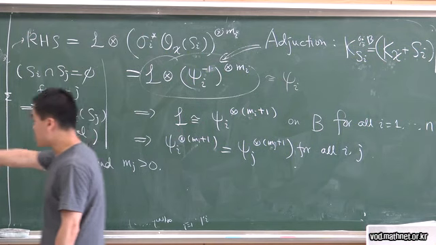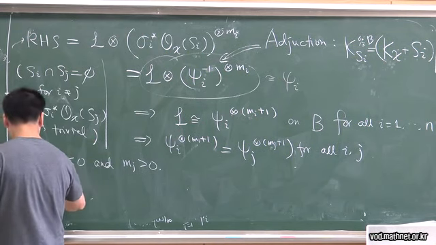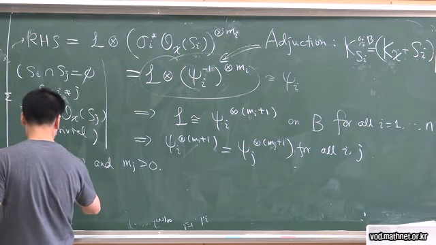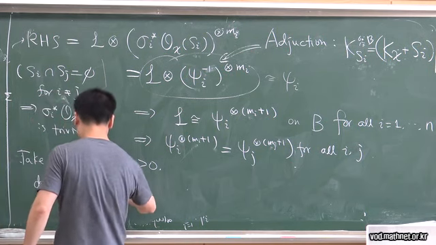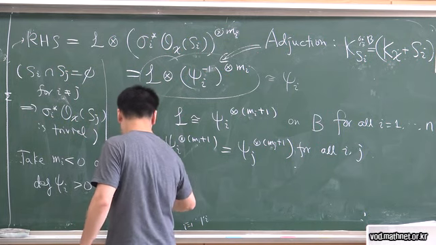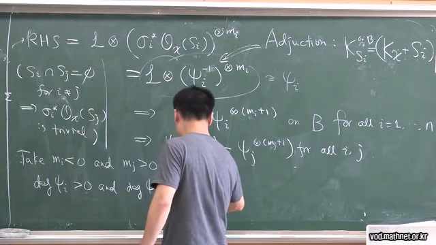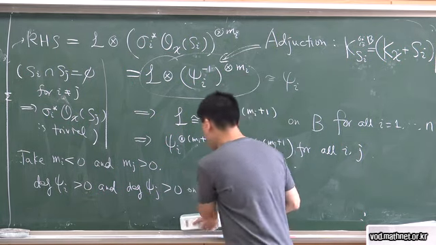By this fact, the degree of psi i and the degree of psi j are both positive on B. But that's almost impossible, right?